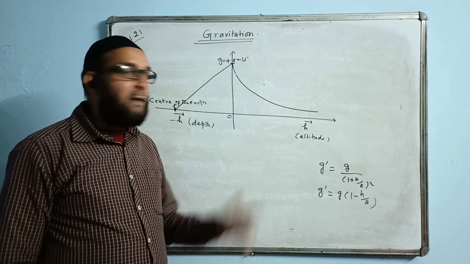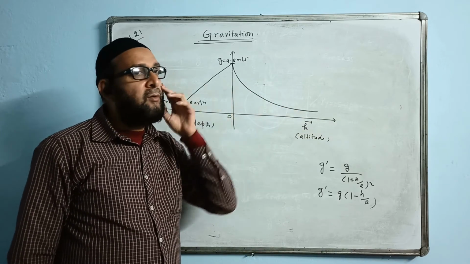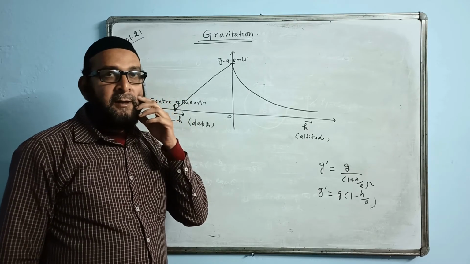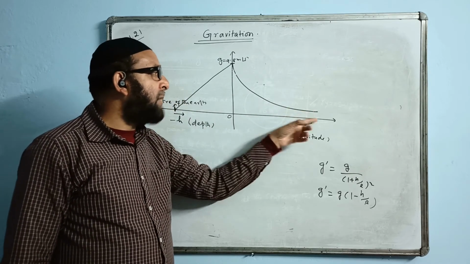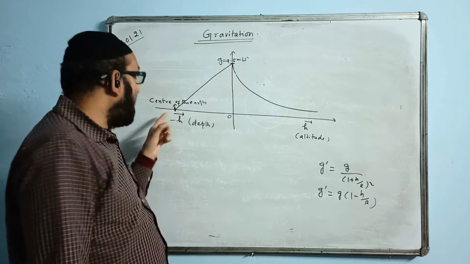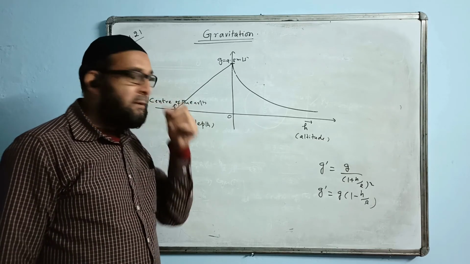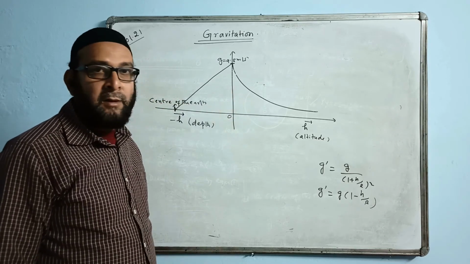It will keep on decreasing, that is for sure. It becomes 0 only at infinite height. That's why this graph is parallel to the axis, going up to infinity. But here there is an end to it, and that is 0, at the center of the earth. So the graph comes like this.